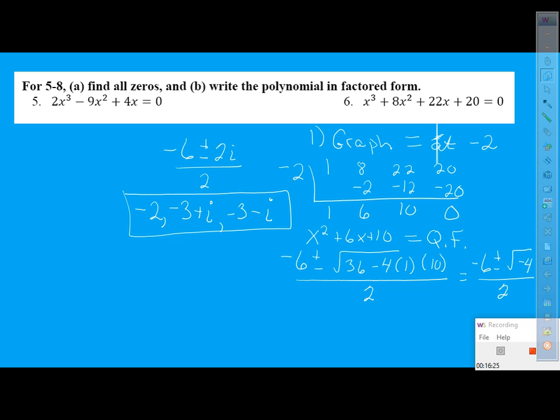So here's what it looks like factored. To get a negative 2, there must have been an x plus 2. Watch how I write this now. To get a negative 3 plus i, there must have been an x minus this quantity, negative 3 plus i.